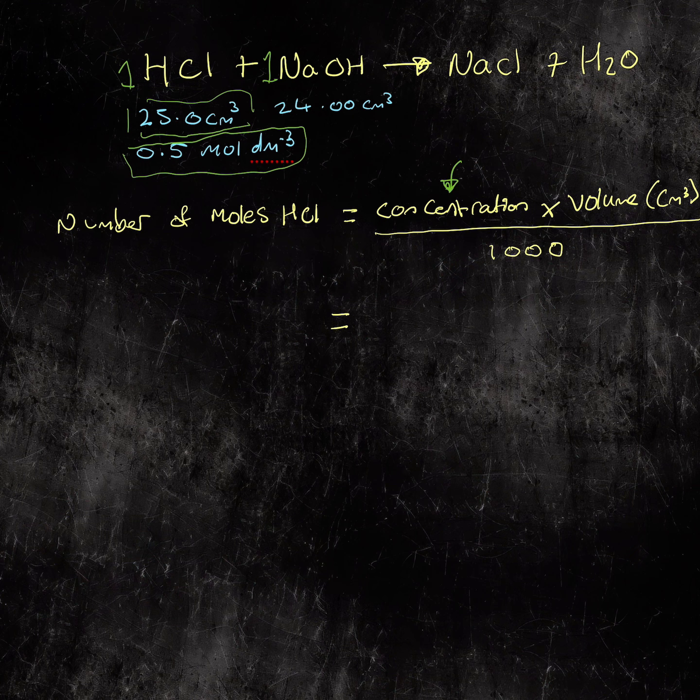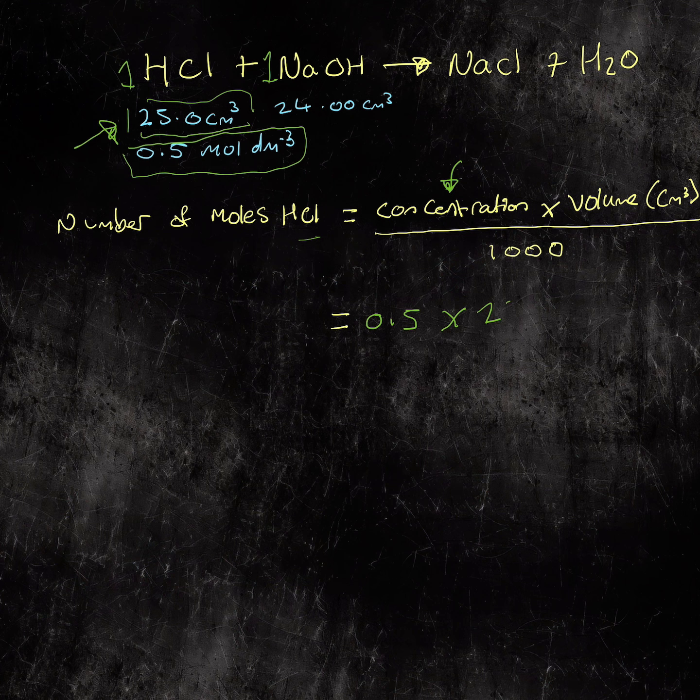That's the concentration of hydrochloric acid, because we're dealing with hydrochloric acid here, and we know that is 0.5 moles. So that's going to be 0.5, the concentration of hydrochloric acid, multiplied by the volume. And we know the volume we used because that was given to us, which is here.